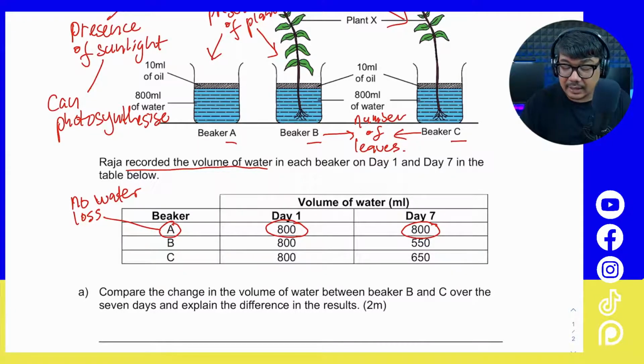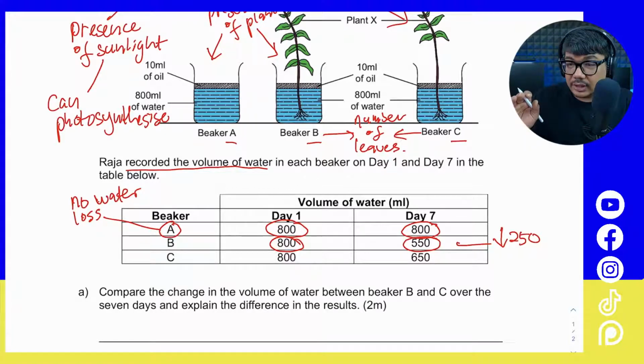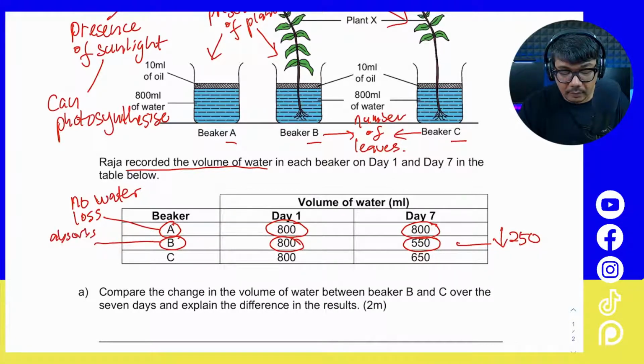For beaker B, on day 1 it is 800. On day 7 it is 550. So there is a decrease of 250 milliliters of water. In this case, what we can say is that in beaker B, the plant absorbs water, and we know the reason why the plant absorbs water is because of photosynthesis. For beaker C, day 1 is 800. Day 7 is 650.